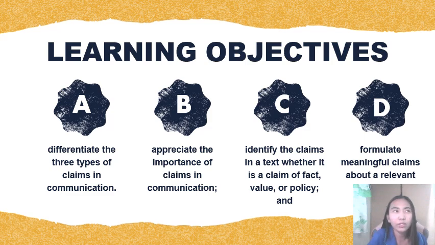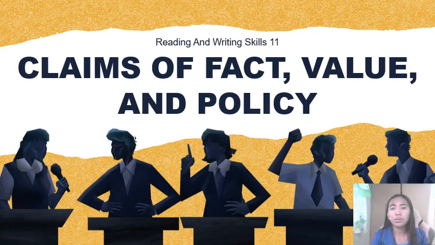So why do you need to know or to distinguish whether a certain text is a claim of fact, a claim of value, or a claim of policy? Third, identify the claims in a text, whether it is a claim of fact, value, or policy. And lastly, you will formulate meaningful claims about a relevant issue. Okay, so let's begin.